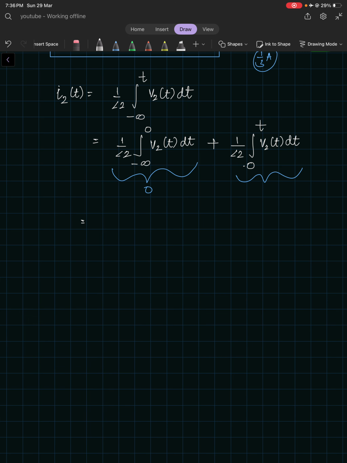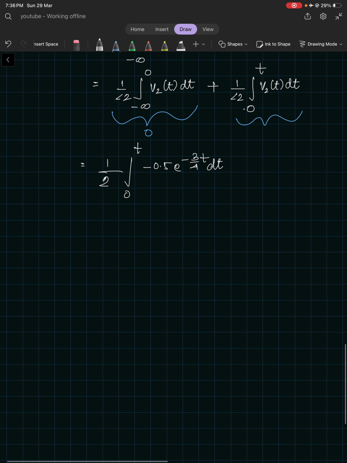Okay, so 1 by L2 is 2 henry, right? The integral from 0 to t of minus 0.5 e to the power minus 3 by 4 t dt, right? And this is 2 times minus 0.5 e to the power minus 3 by 4 t divided by minus 3 by 4, from 0 to t.